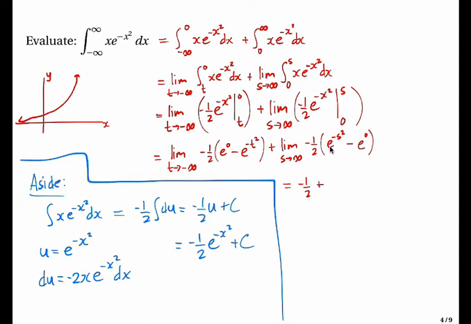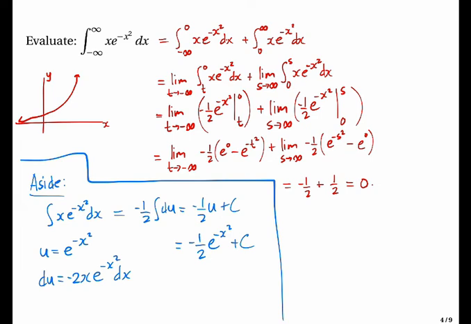And then e to the minus infinity, again, that's just 0. And then here you have minus 1/2 times minus e to the 0, and that will give us a plus 1/2. And this is equal to 0.